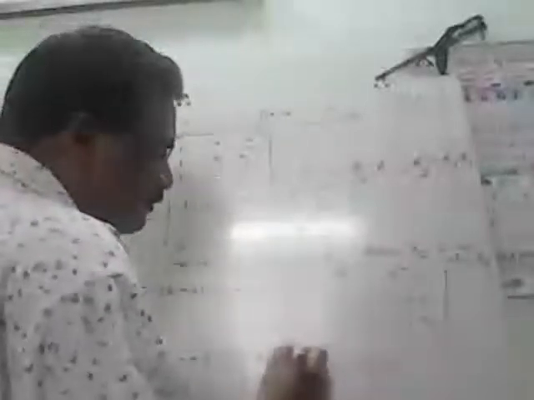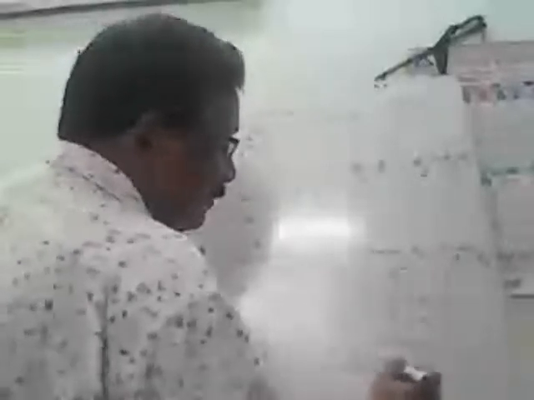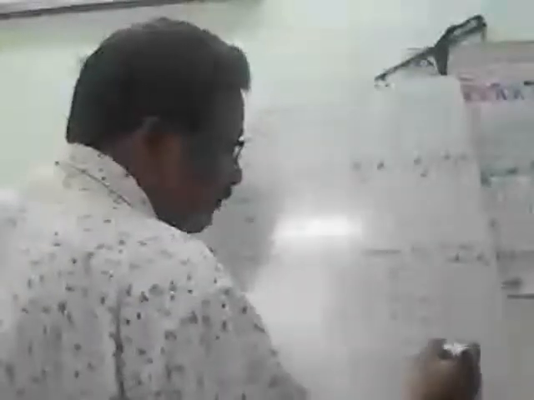Expand along C1. Then plus, minus: 1 into minus 1 to the power 1 plus 1, it is positive. So 1 into, if you leave this row and this column, the remaining is 1, b plus a; 1, c plus a.